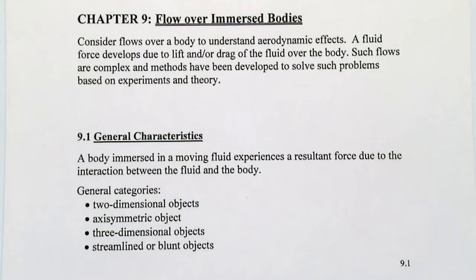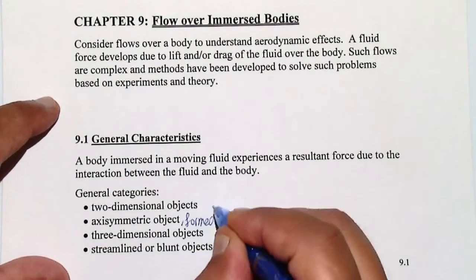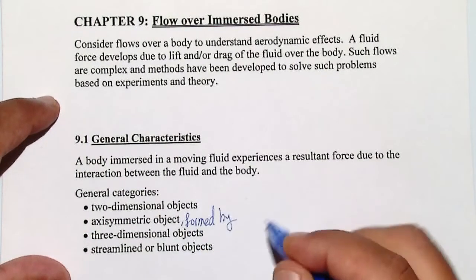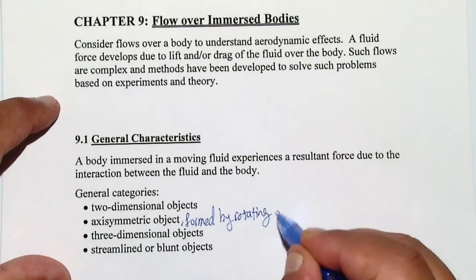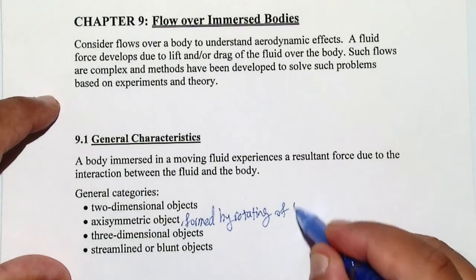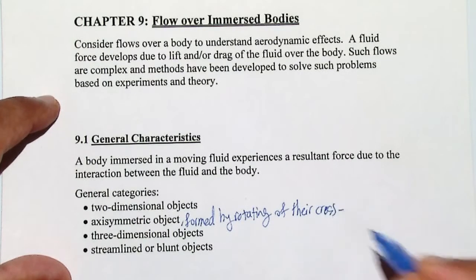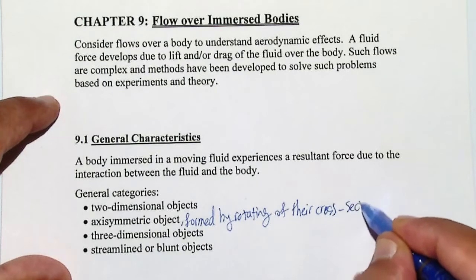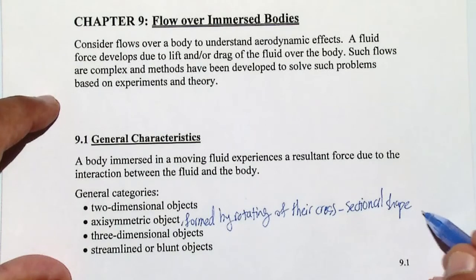For example, it could be formed by rotating its cross-sectional area or shape about the axis of symmetry.